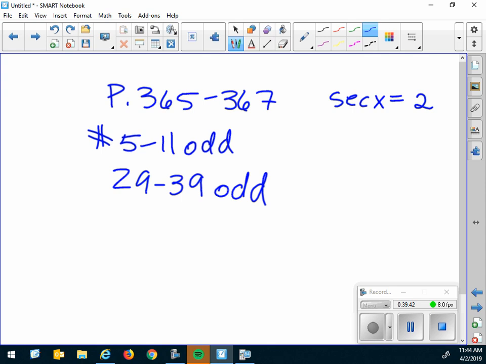It says secant of x equals 2, but look at the restriction. It says you are in quadrant what? Your 0 to pi over 2. Now, you're in quadrant 1. And it says you should be able to do that without a calculator. I don't worry about secant. What's its reciprocal?